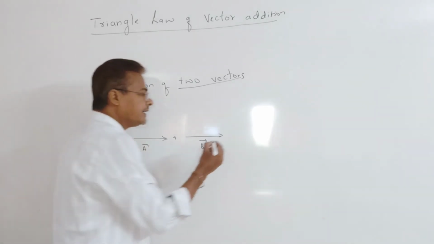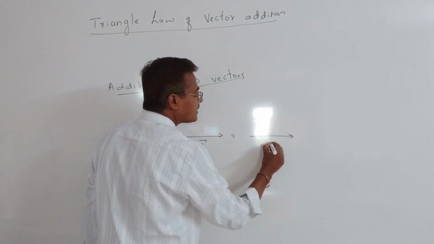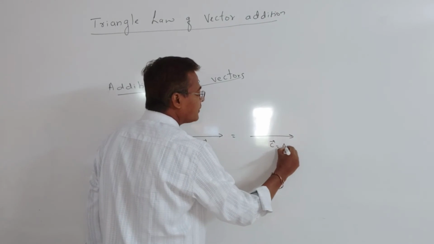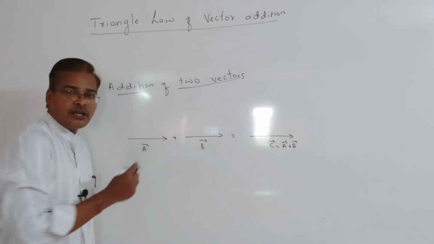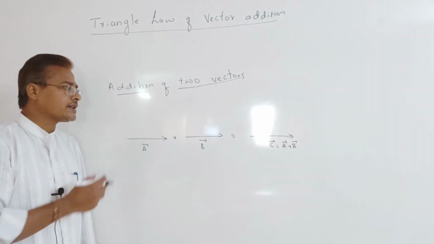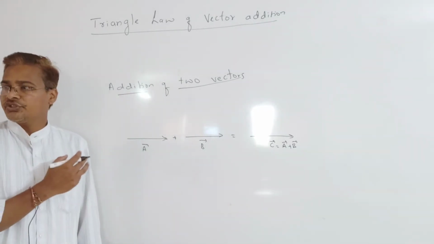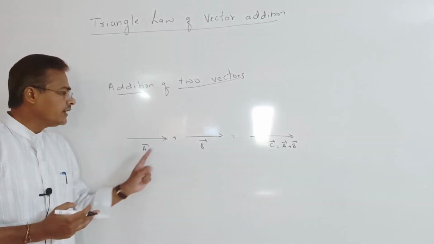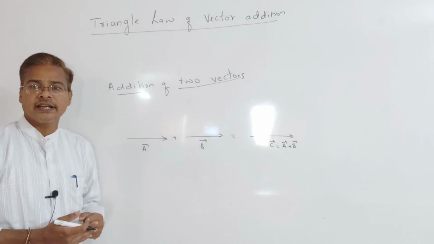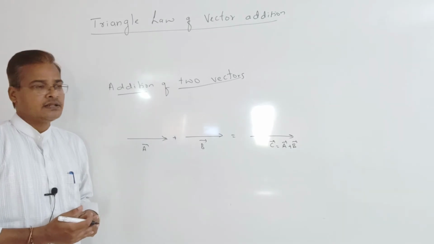This is the resultant vector we get, that is, C vector equals A vector plus B vector. This way we are adding the two vectors: A vector plus B vector equals C vector.